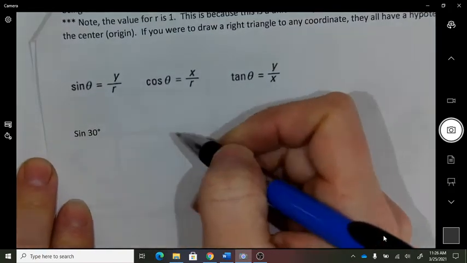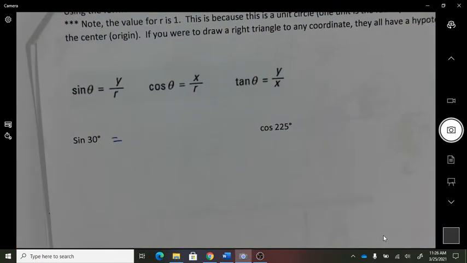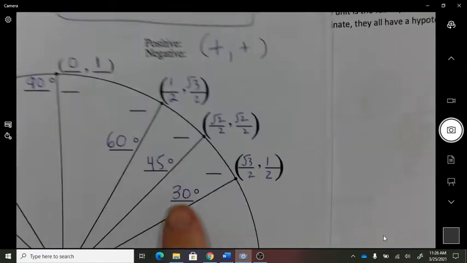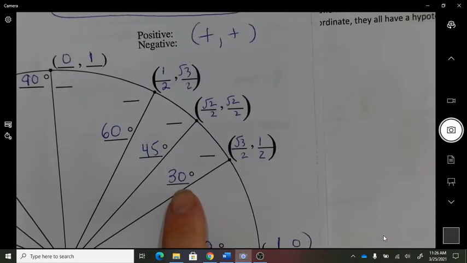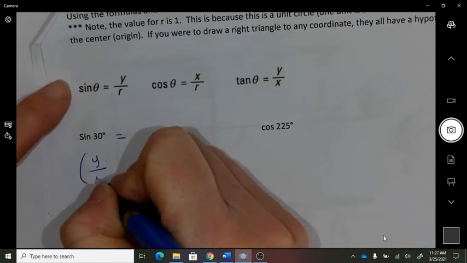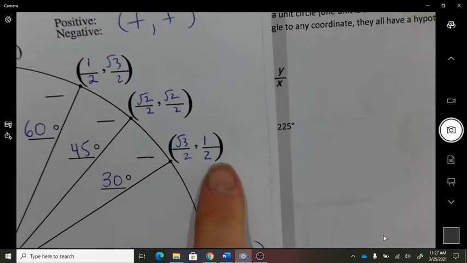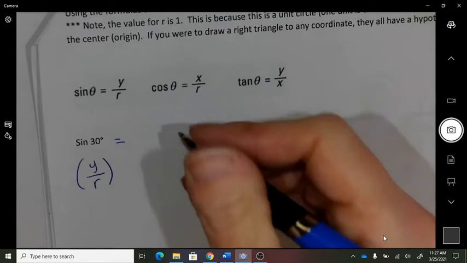Okay, so when I do sine of 30, I look at 30 degrees and the sine says to do the y divided by the r. So the y value at 30 degrees is 1/2.